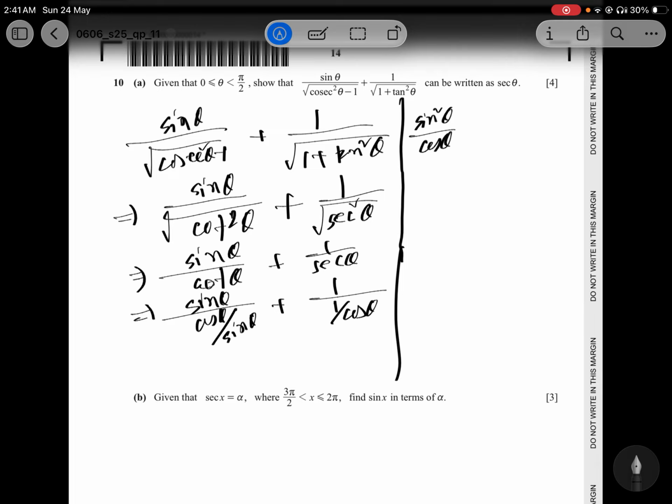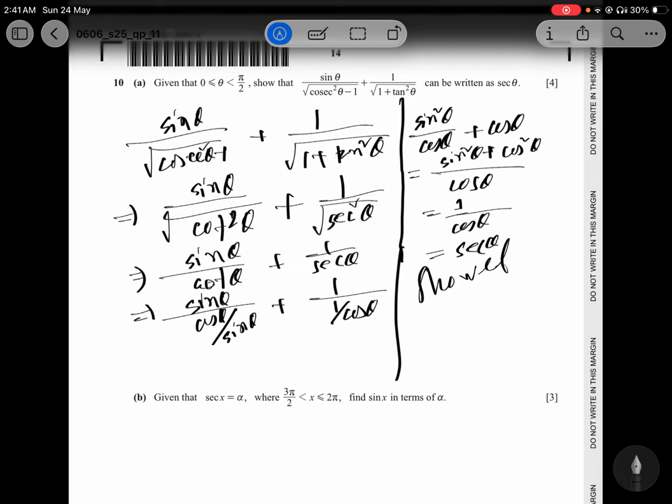On the bottom we have cos theta, plus here is just a cos theta. So if I take cos theta as the LCM, sin square theta plus cos square theta, right? So on the top we'll have one identity, and here is cos theta. So 1 by cos theta is equal to sec theta. So, shown.